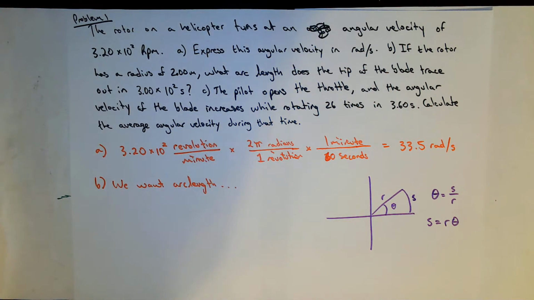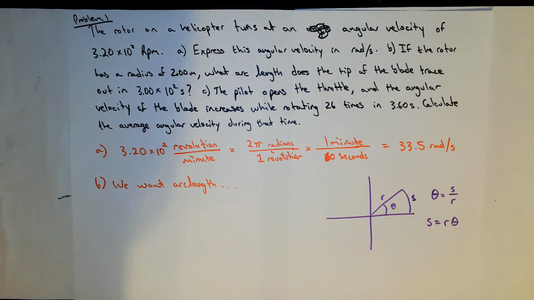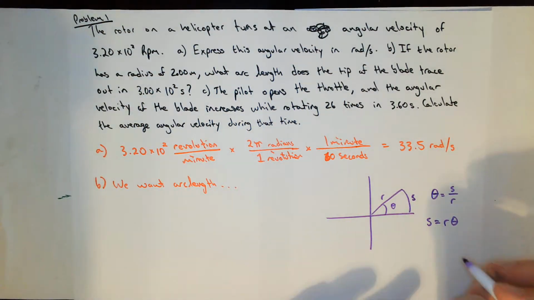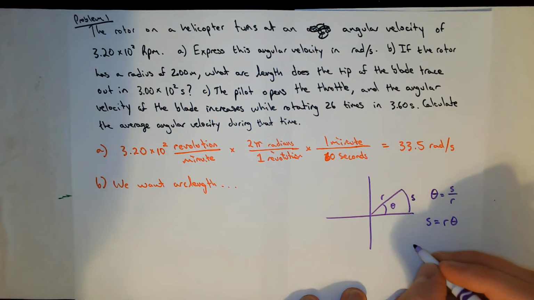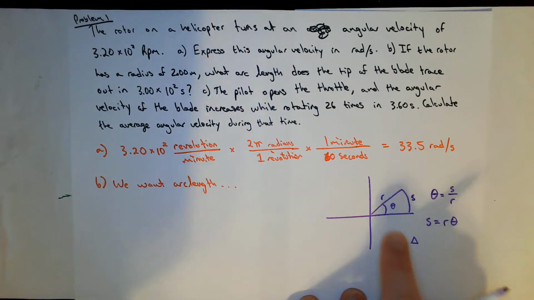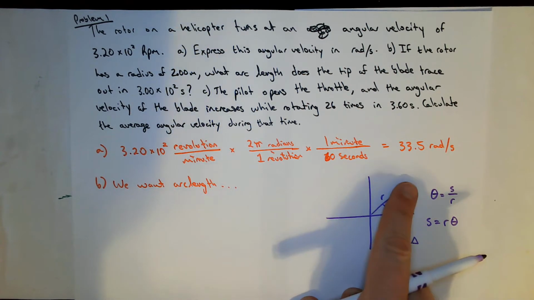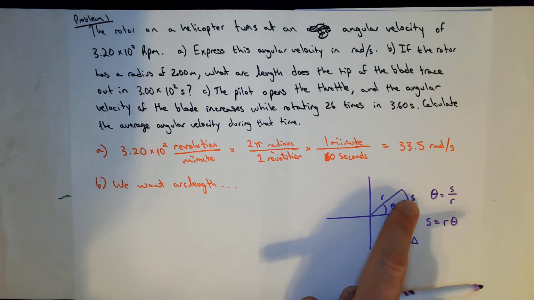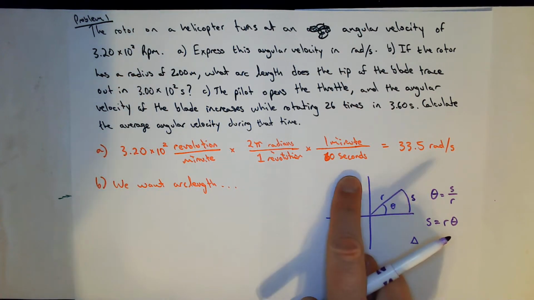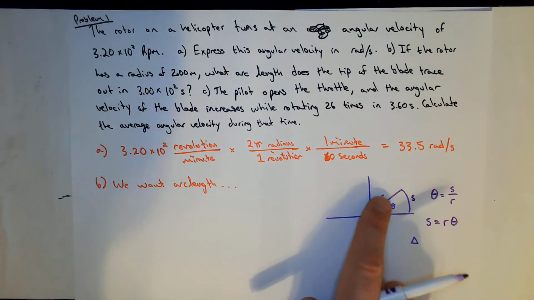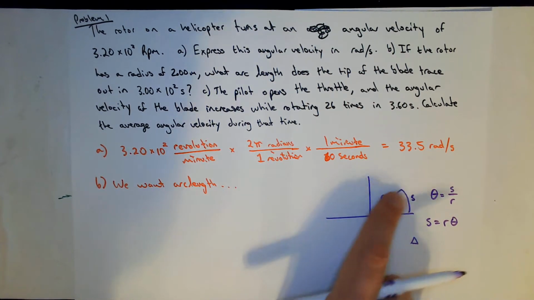Moreover, if we're thinking about a delta theta, a change in angle, then we have some change in arc length. R is not changing. As the point moves from here to some new angle, we have some difference in the angles and some difference in the arc lengths, but R is the same.